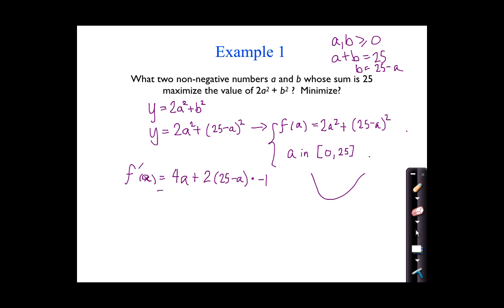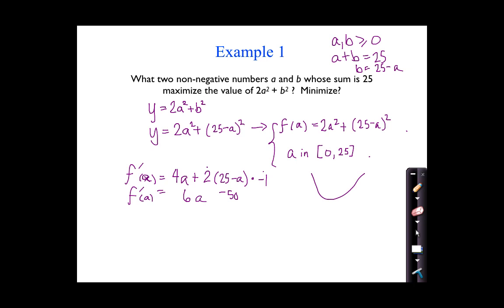Or, in other words, negative 2 times 25 is negative 50. Negative 2 times negative a is 2a, and then I've got a 4a, makes 6a. So f prime of a, in easier to look at linear form, is 6a minus 50.